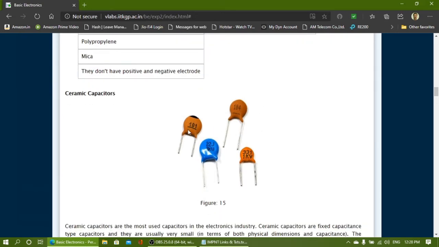Now we will discuss how to decode the capacitance value from this type of numerical code. 101, this is very simple. First you have to take the first two digits from the left side as they are, that means 10, and the third number defines the number of zeros you have to add after those first two digits.